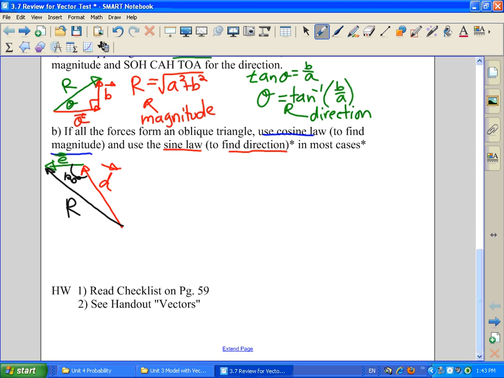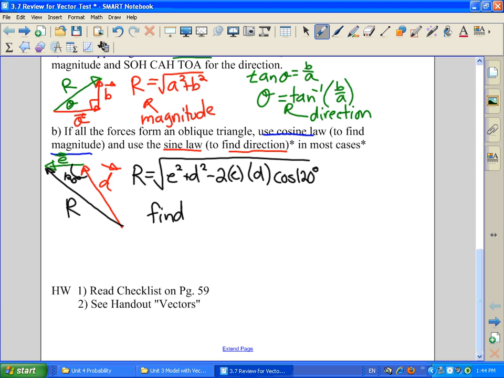So let's just use an example that's 120. To find the R in this case, we're going to set up the cosine law. I'm going to do the square root sign right away. So it's going to be square root of E squared plus D squared minus 2 times E times D times the cosine of 120 degrees. That's where you can find the magnitude.